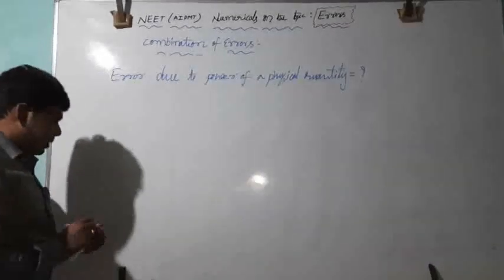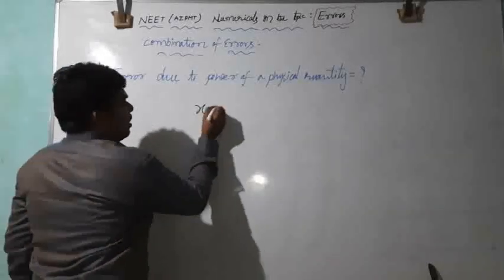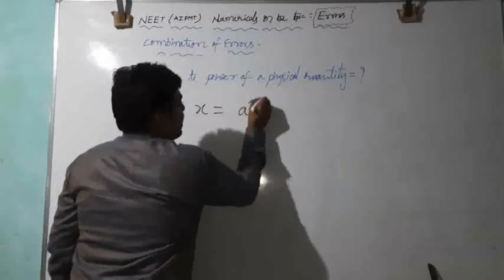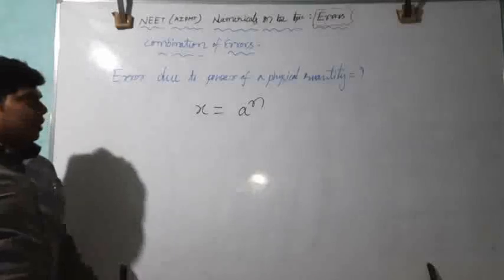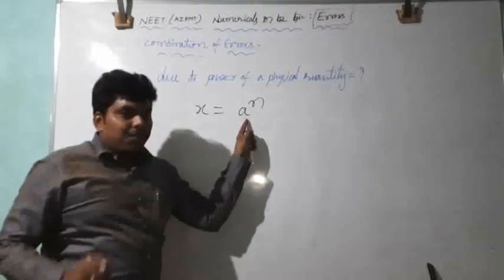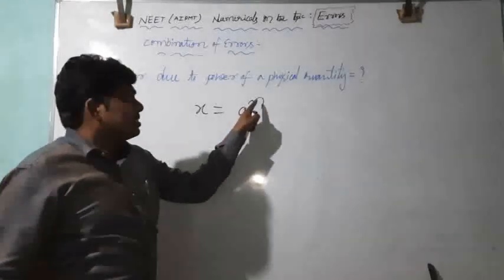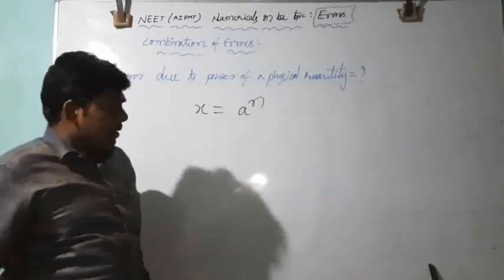Now, we have taken x is equal to a power n. Now, a is a physical quantity which has a certain error. n is the power, which is just a numerical value.